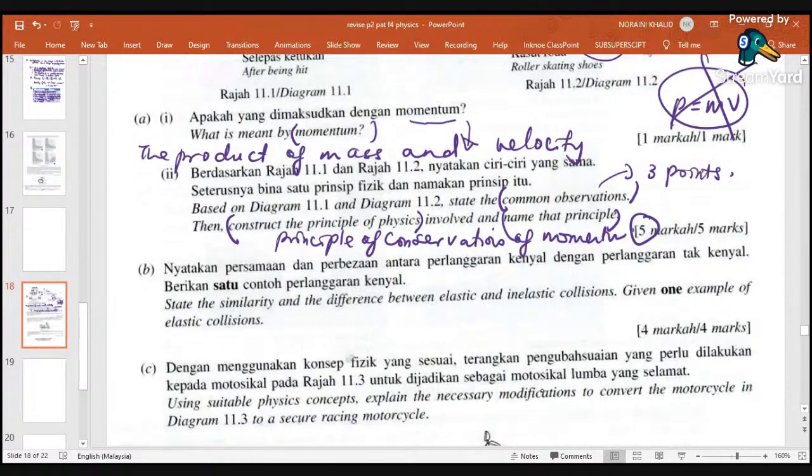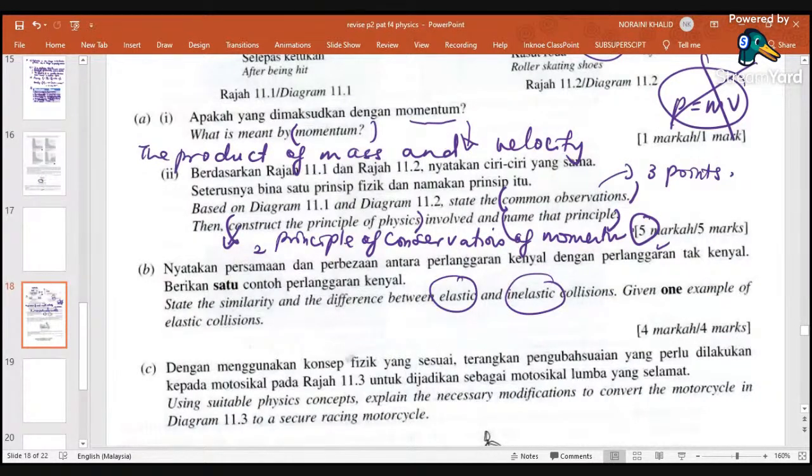The name of the principle is the principle of conservation of momentum. When you construct it, you state: total momentum before explosion equals total momentum after explosion, and then the name of the principle, principle of conservation of momentum. So here you get 2 more marks, total is 5.